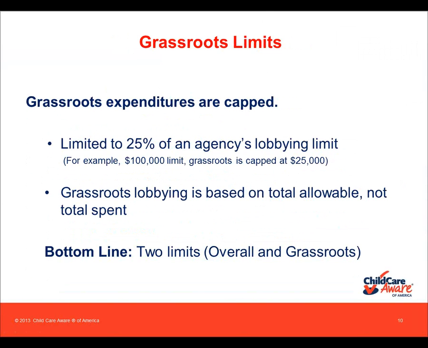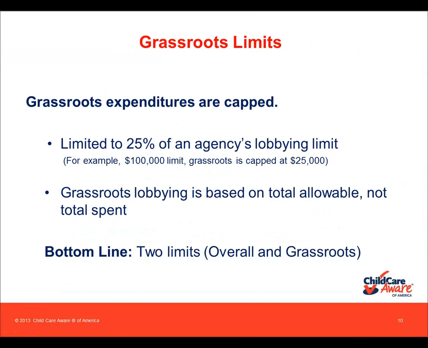For example, if your lobbying budget, which you figured out from that equation on the last page, is a $100,000 limit, the grassroots lobbying is 25% of that. So you can spend $25,000 on grassroots lobbying. And again, that's that call to action, maybe an advocacy day, getting people to support a specific piece of legislation. That's what grassroots lobbying is.